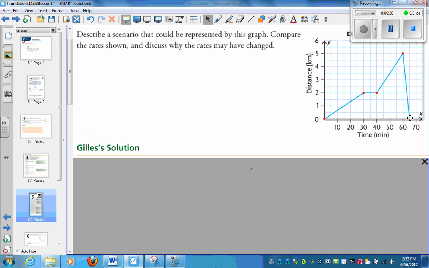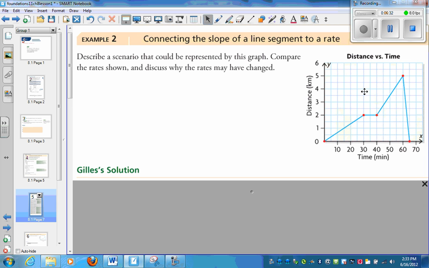So let's think of a scenario here. Let's say I am out for a leisurely bike ride with my friend. I leisurely bike ride 2 kilometers in 30 minutes. Okay? Then an ice cream truck comes by, and Miss Cantillon loves ice cream. So I stop, and it takes me 10 minutes to eat ice cream. I got a really big bowl of ice cream. Then I start thinking about all the calories that I have just consumed, and I say, you know what, I need to pick up the pace, and I bike faster.